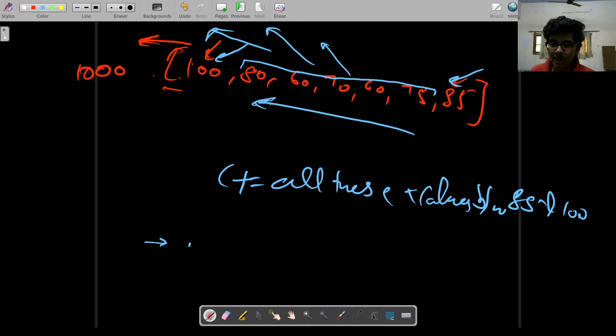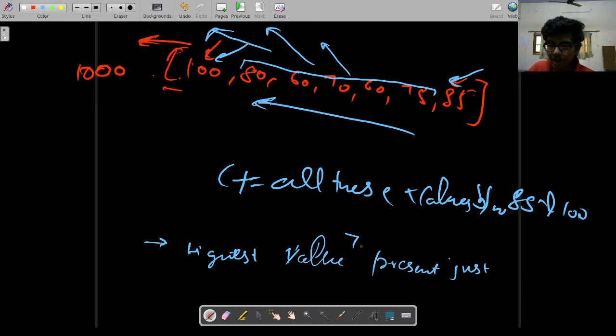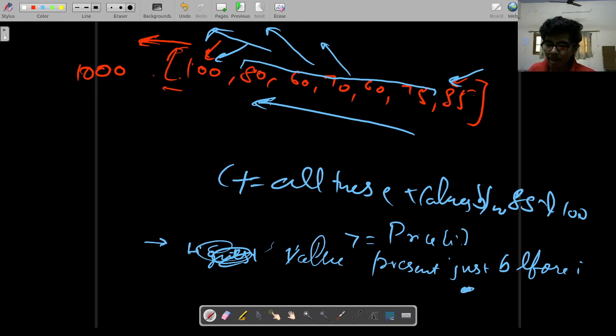The highest value greater than price of i that is present just before i. So we need the highest value that is present just before i. Then we are going to take that position, let's say that position is j, so the answer will be i minus j.